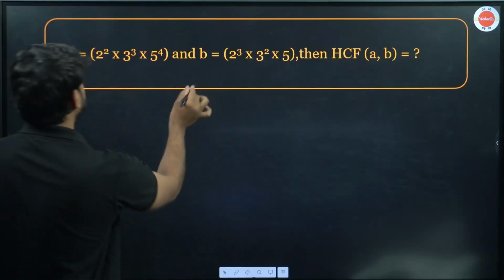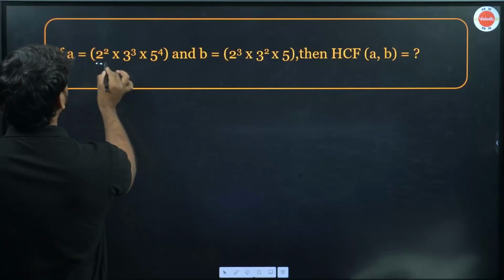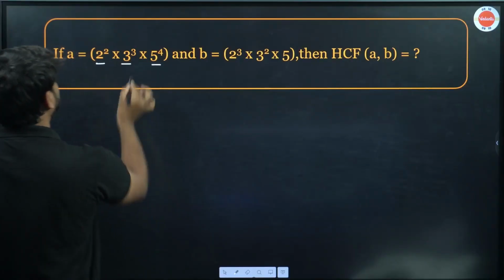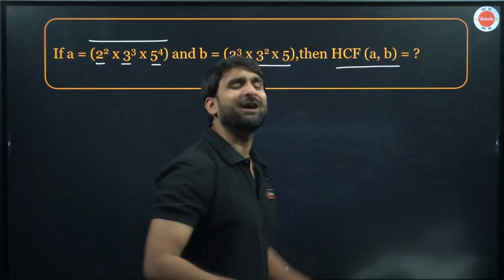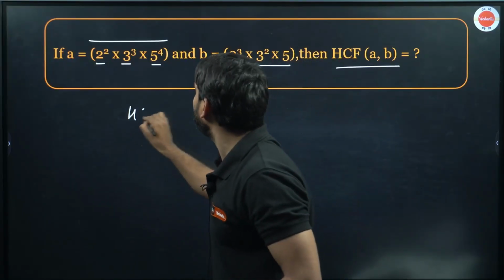Now, first question, next question. If 2 to power 2, 3 to power 3 into 5 to power 4 is the first number, and the second number is given here, then what will be the HCF? For HCF, what do we take?